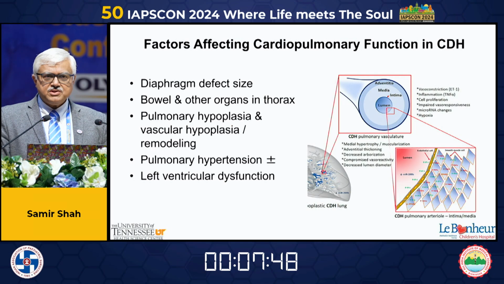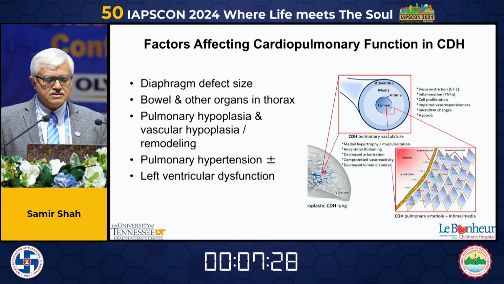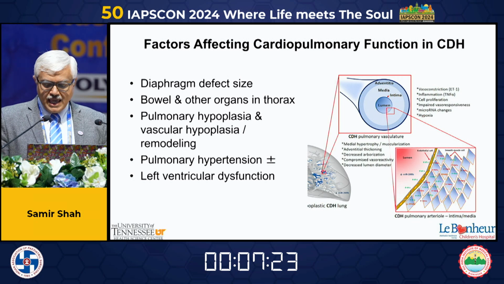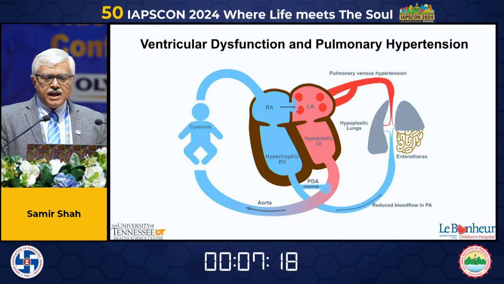But the question that begs to be asked is, why do some of these patients not have poor outcomes? The factors that are associated are primarily related to cardiopulmonary function: the diaphragmatic defect size, the bowel and other organs in the thorax, especially the presence of liver in the thorax, the degree of pulmonary hypoplasia, pulmonary hypertension, and left ventricular dysfunction, all of which come together and result in very severe ventricular dysfunction and pulmonary hypertension.